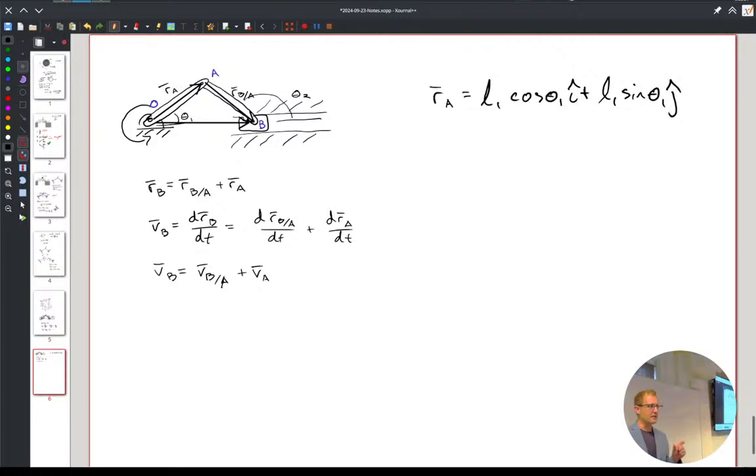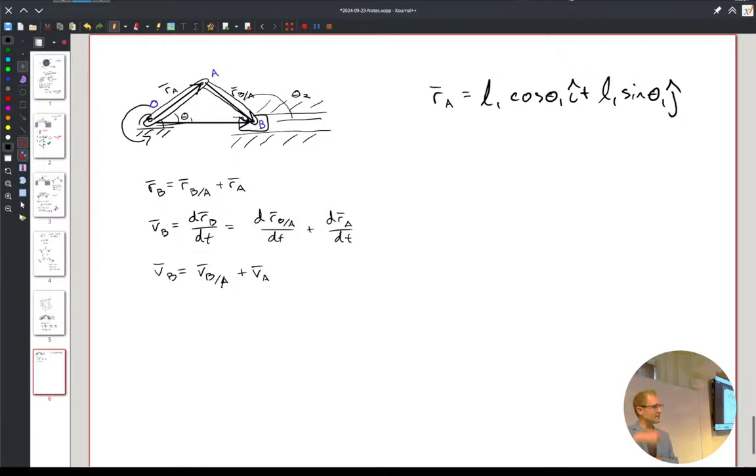I can write the position of RA in terms of that angle. If the angle is the only thing that I'm measuring, I can say the length times cosine is its x position, length times sine is its y position, and as that angle keeps increasing, it's going to move around in a circle.